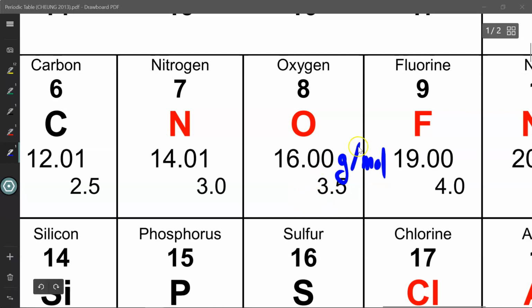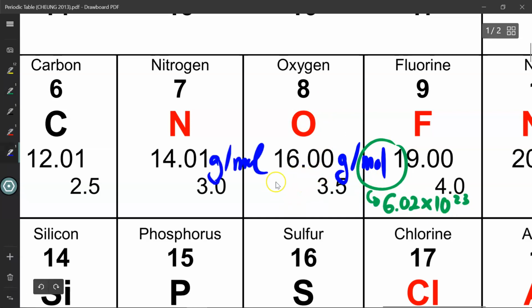Meaning, if I had 1 mole of oxygen atoms in my hand, so that's 6.02 times 10 to the power 23 atoms of oxygen sitting in my hand, they would weigh 16 grams. And vice versa. If I had 14.01 grams of nitrogen atoms sitting in my hand, I would have 6.02 times 10 to the power 23 atoms of nitrogen sitting in my hand, or 1 mole of nitrogen sitting in my hand.